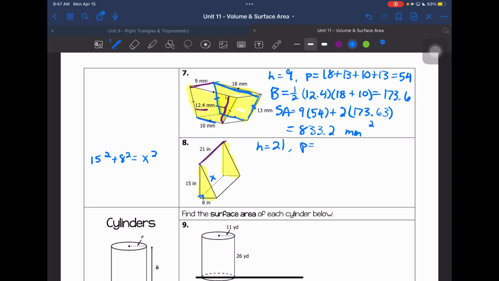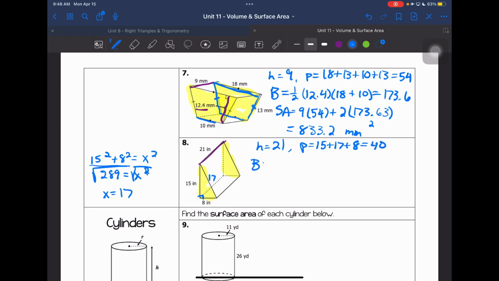You could type this all into your calculator at once. 15 squared plus 8 squared, that gives you 289, and that's equal to x squared. Then we just square root that. So x is equal to the square root of 289, which is 17. So that means that this side over here measures 17. And to find the perimeter, we would do 15 plus 17 plus 8, which comes out to be 40.